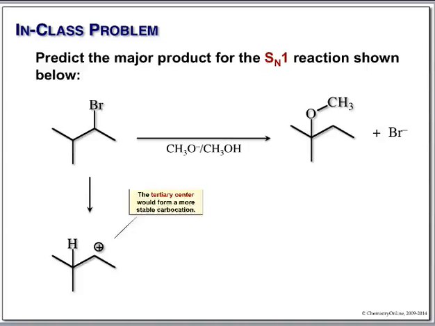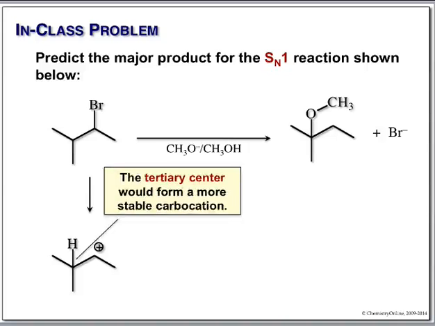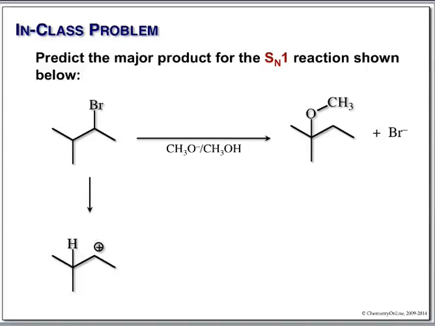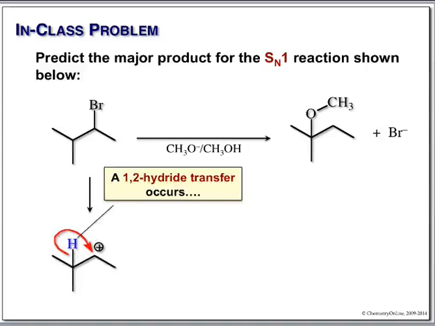So, what happens is this hydrogen with its electrons is simply going to slide from here to here. This is referred to as a 1-2 hydride shift. 1-2 simply means it goes between adjacent carbons.